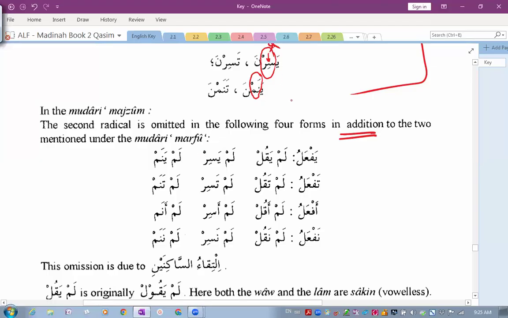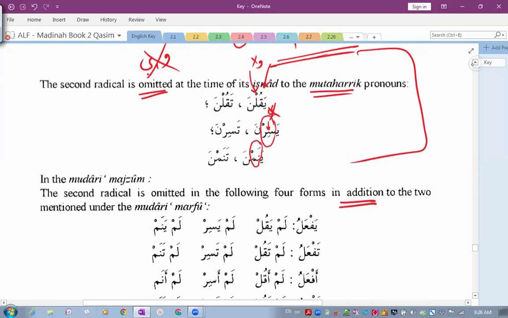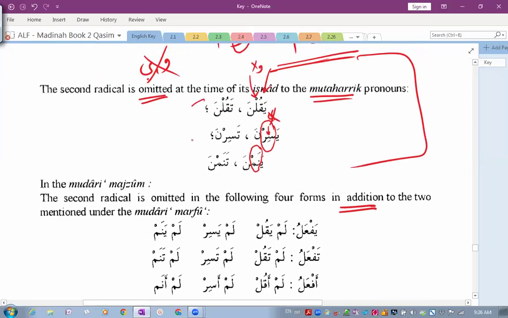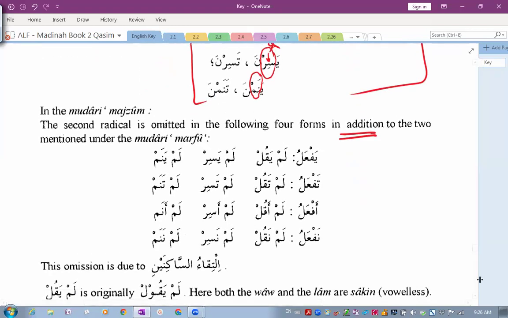We drop the second radical in hunna and antunna anyway in marfu, but when it is majzoom, then under these also you drop the second radical because of iltiqa sakinain.